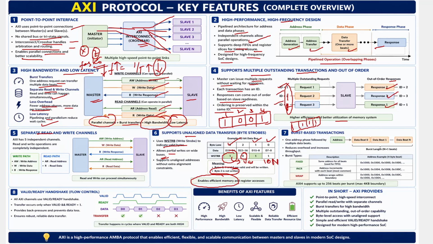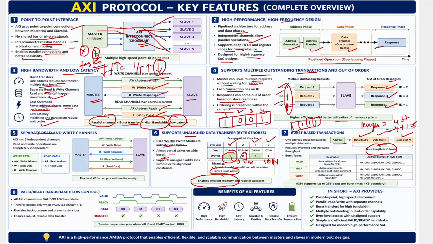And then burst-based transaction. See, the address is there, then the data: data 0, data 1, data 2 and so on. So n number of data bits are transferring, depending upon the burst length. How will we calculate burst length? Suppose your actual length is 4, then burst length is 4 plus 1, that is 5.